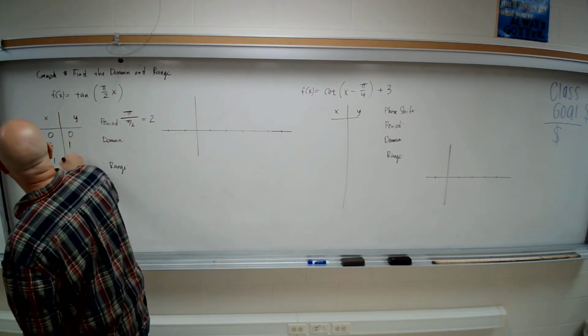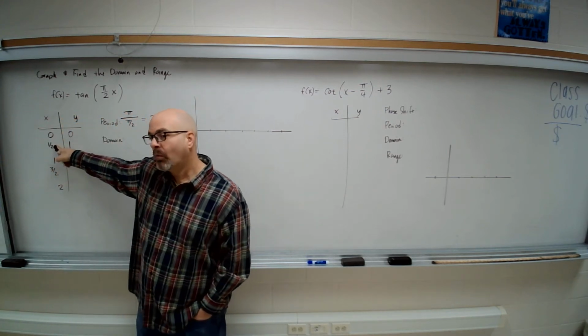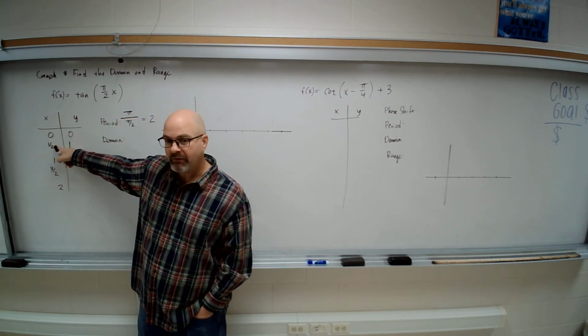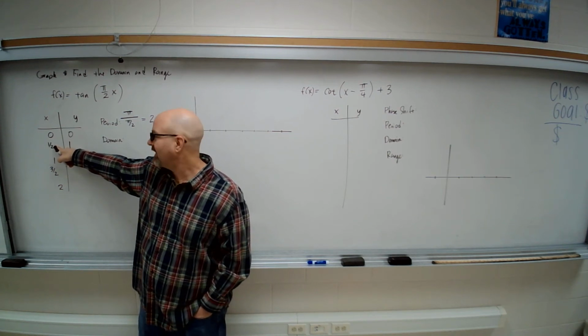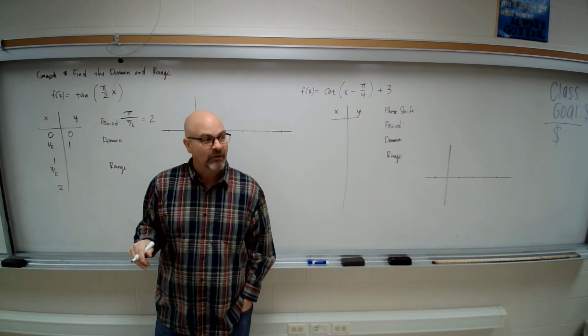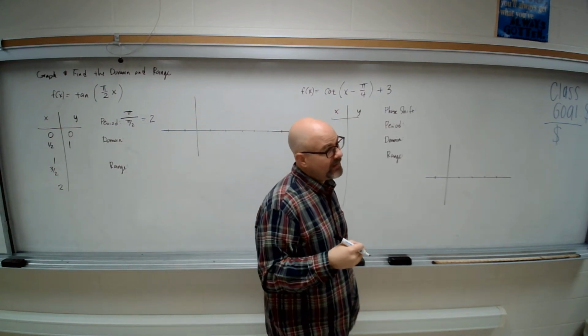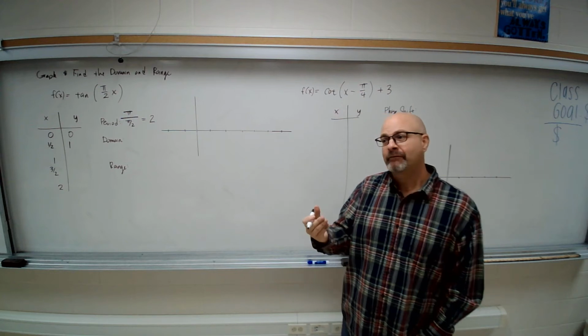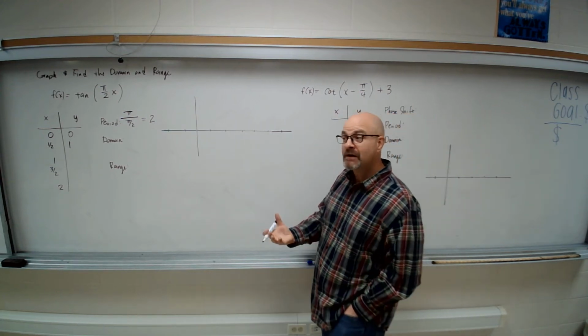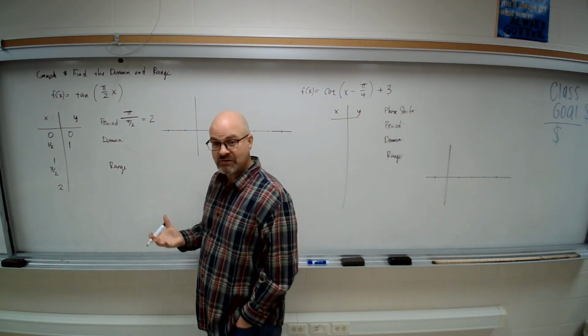If you have the wrong value here, if you have a 1 or a pi over 4, or anything but 1/2, you should not be getting 1 there. So it's important to actually evaluate them. That's why we don't graph right away. We first learn how to evaluate trig functions, then we use those to graph.